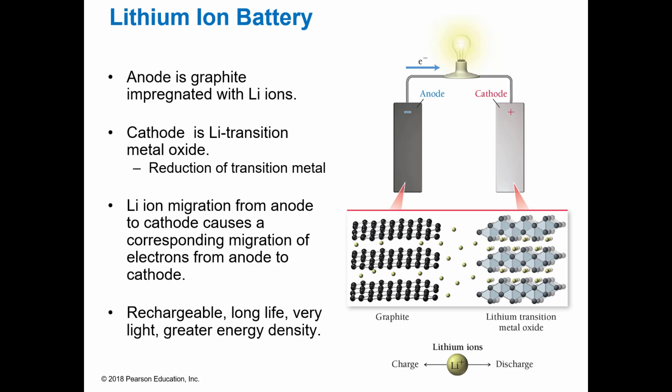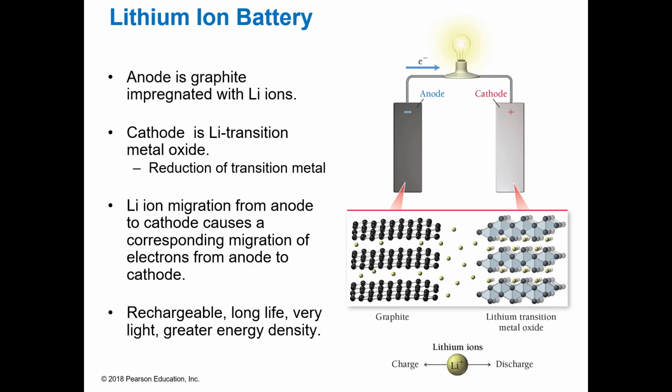The positive ion migrates one way, that causes electrons to migrate the other way. We use those electrons to power your cell phone. They are rechargeable, have long life, they're very light, nothing like those lead oxide batteries, and they have a great charge energy density.